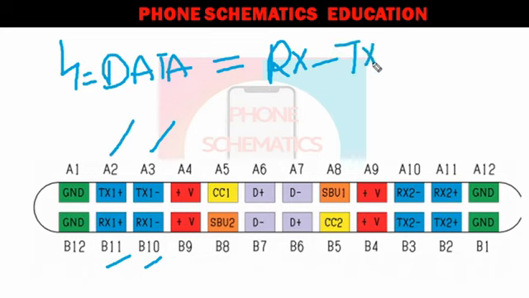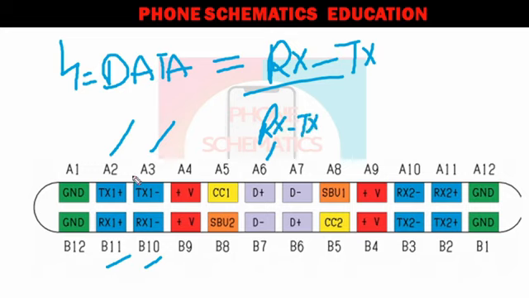Data pins are also called receiving and transmitting, RX and TX. So same here, you will see RX and TX.